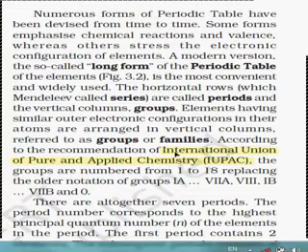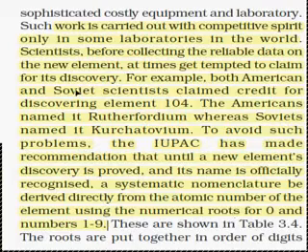Here, IUPAC is International Union of Pure and Applied Chemistry. Remember the full form. Now what happens? Such work is carried out with competitive spirit only in some laboratories in the world. Now scientists, before collecting the reliable data on the new element, at times get tempted to claim for its discovery.